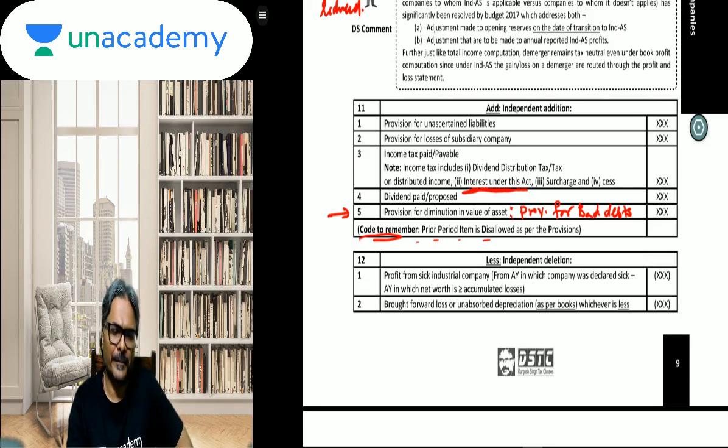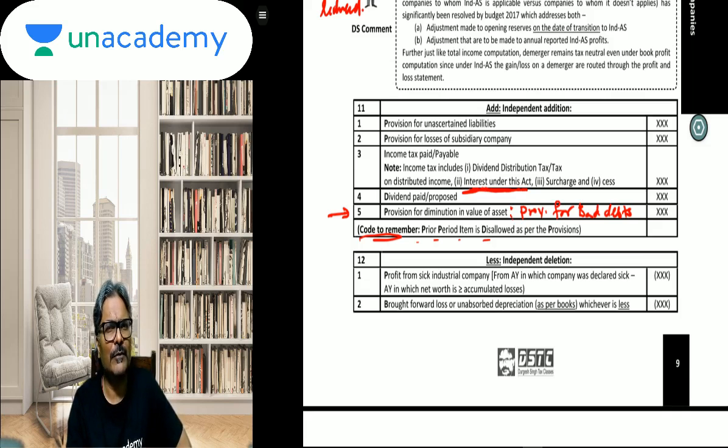Here you go. Profit from the sick industrial company, students. So at least they have shown some mercy: till the time you are considered to be a sick entity, on the profit of the sick entity we will not be charging any MAT. So till the time you are a sick entity, that profit will not form part of the book profit. As simple as that.